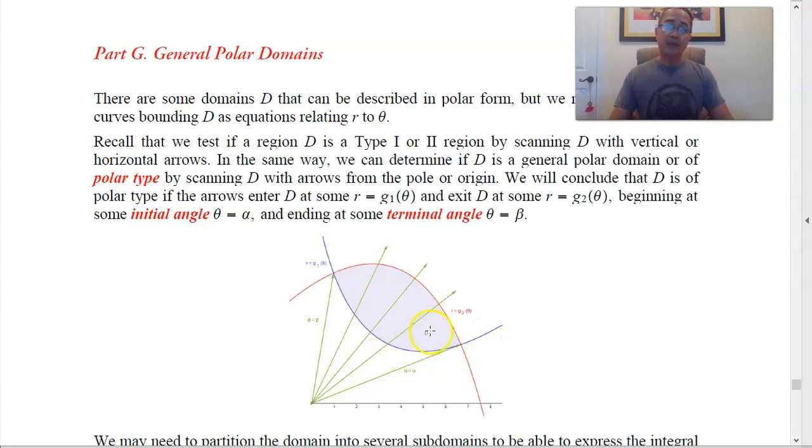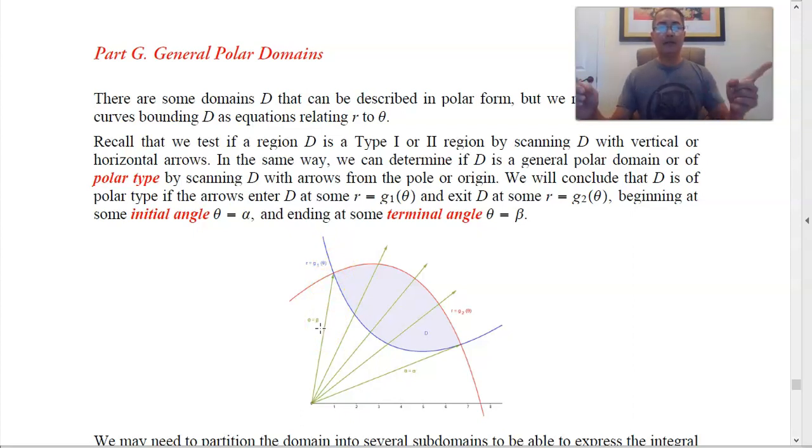And then when we keep going, the arrows enter the region at one polar curve, which we can call r equals g1 of theta, and they all exit at another polar curve, r equals g2 of theta. And the last arrow gets shot from this angle, theta equals beta.